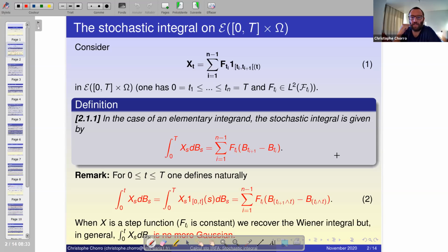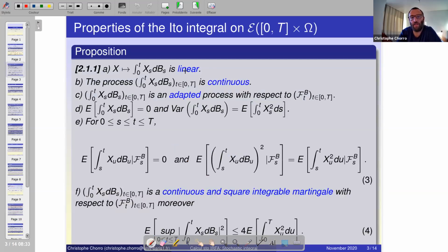In the case of the Riemann integral, you use the classical length, and here you replace this measure by a Brownian increment. We studied the properties of this elementary stochastic integral, and in particular, we have seen that it was linear, continuous, adapted, centered, that it was a martingale, and that we are going to be able to compute this kind of quantity here.